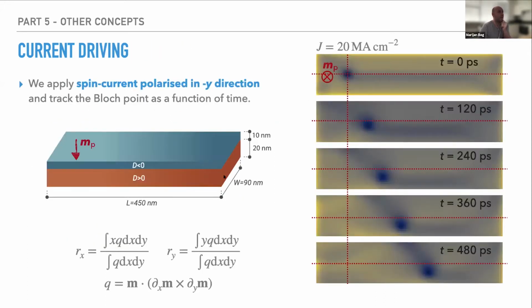One thing that is interesting here that we haven't seen with an external magnetic field, and unfortunately I don't have enough time to focus on it, is that now, apart from the Bloch point moving in the positive x direction, the Bloch point also moves away from the axis, which is something we see similarly in skyrmions.